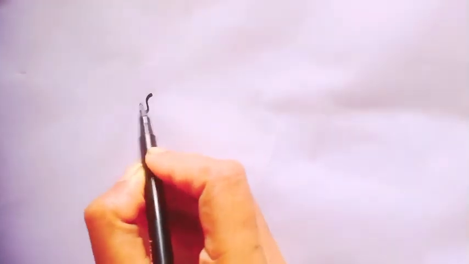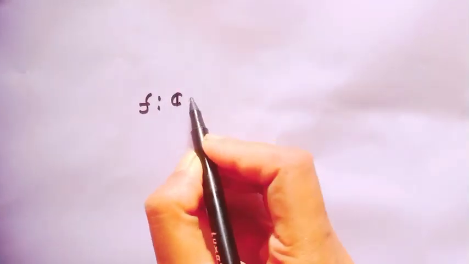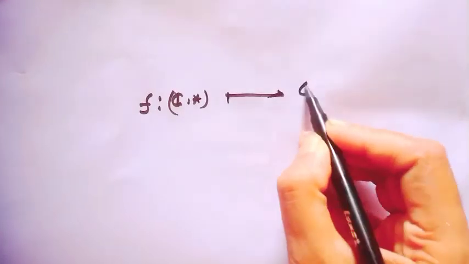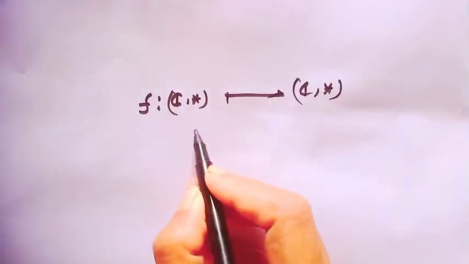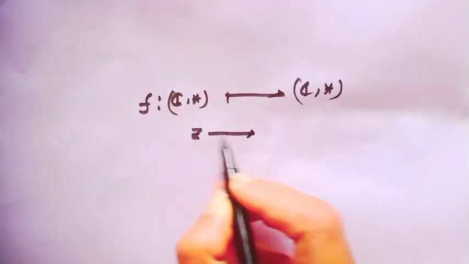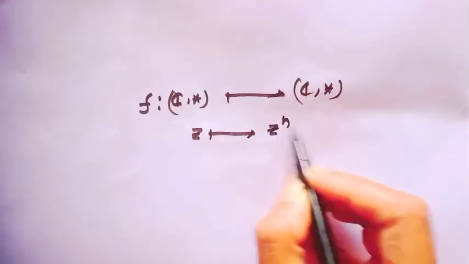Let f be a mapping from the set of non-zero complex numbers under multiplication to non-zero complex numbers under multiplication. And the mapping is defined as z mapped to z to the power n.